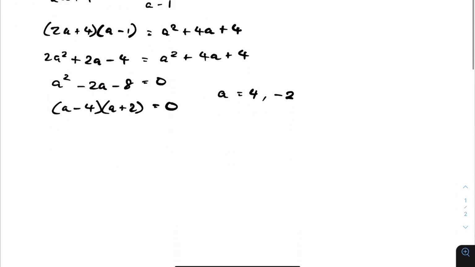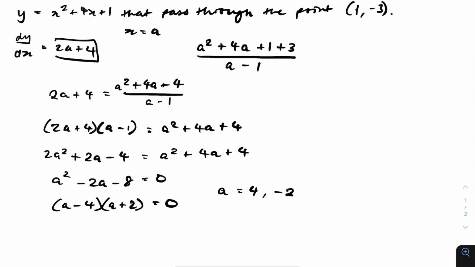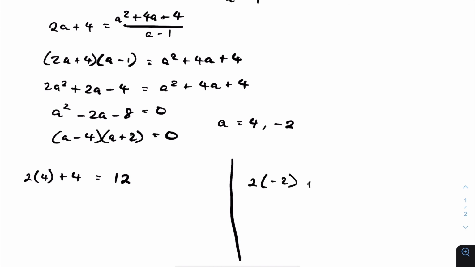And now we can just say that we can take the gradient formula over here, 2a plus 4, and substitute a in. So 2 times 4 plus 4 gives us 12. So our first gradient is 12, and let me just split the screen. The other side, we have 2 times negative 2 plus 4, which gives us 0. So our other gradient is 0.